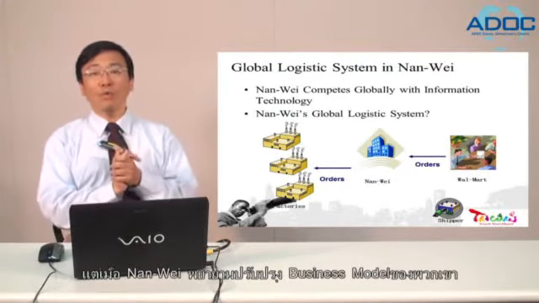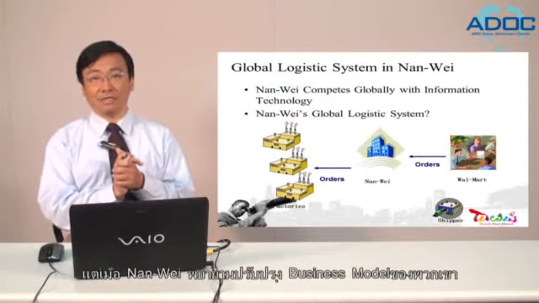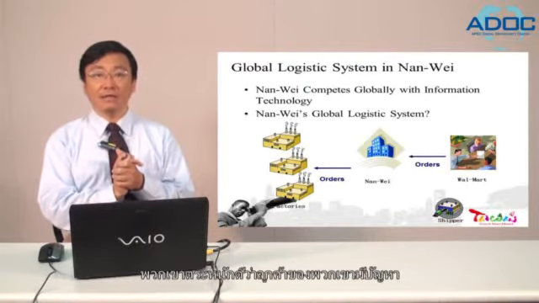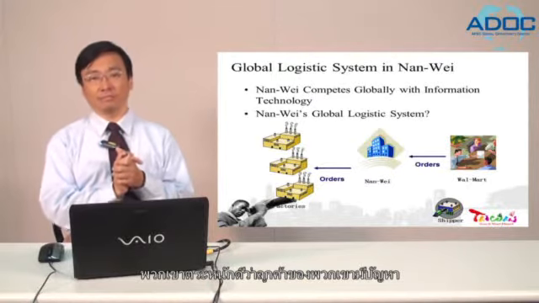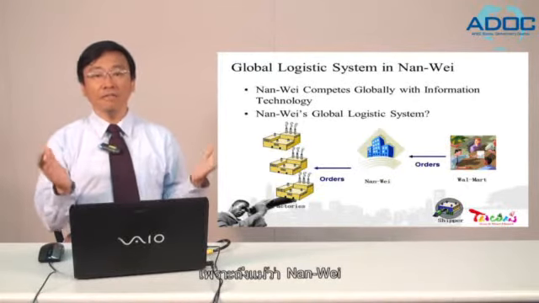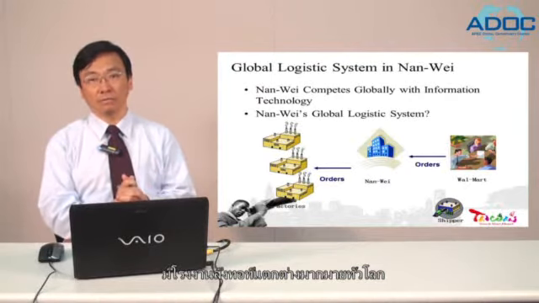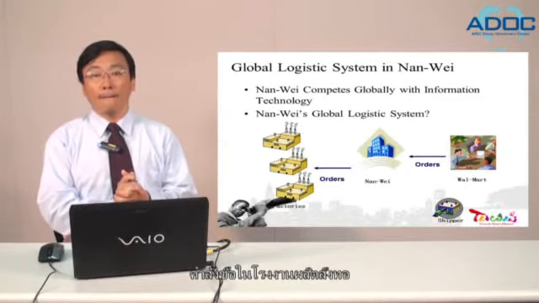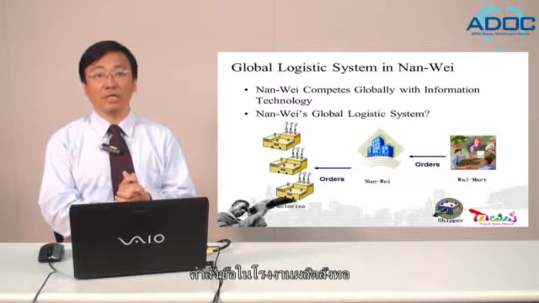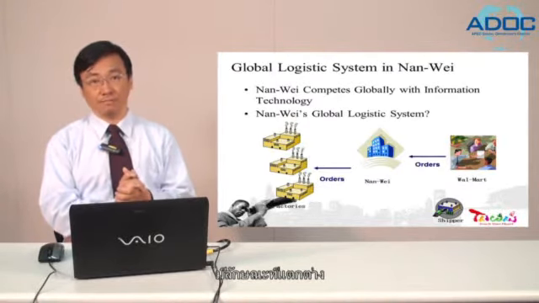But when Nanwei tried to redefine their business model, they realized that their customer had a problem. Because even though Nanwei has many different garment factories globally, orders manufactured at certain garment factories have different features.